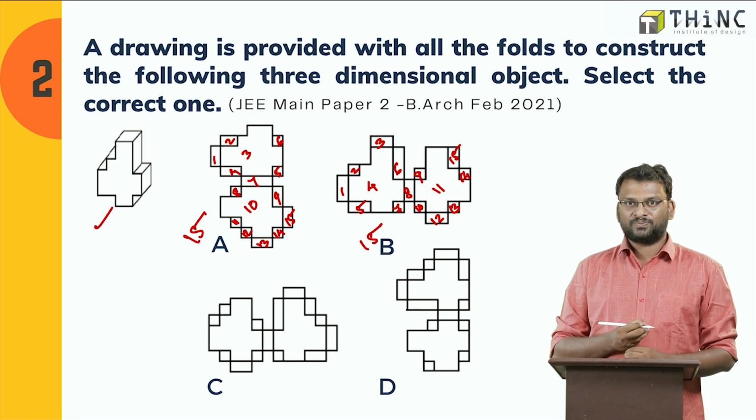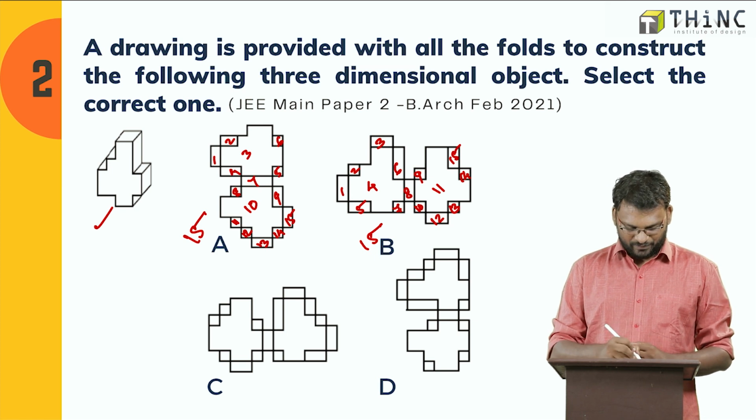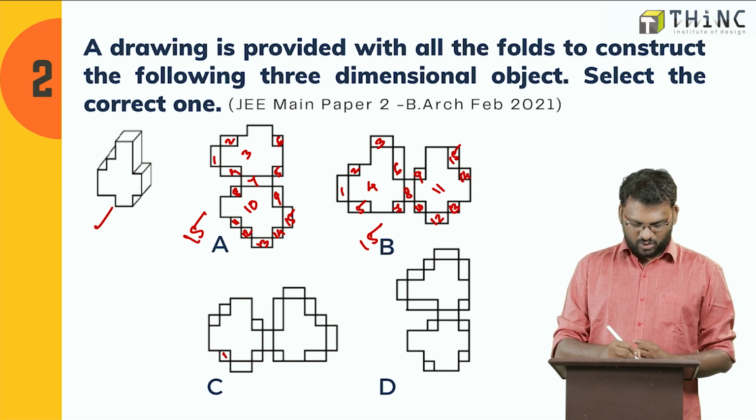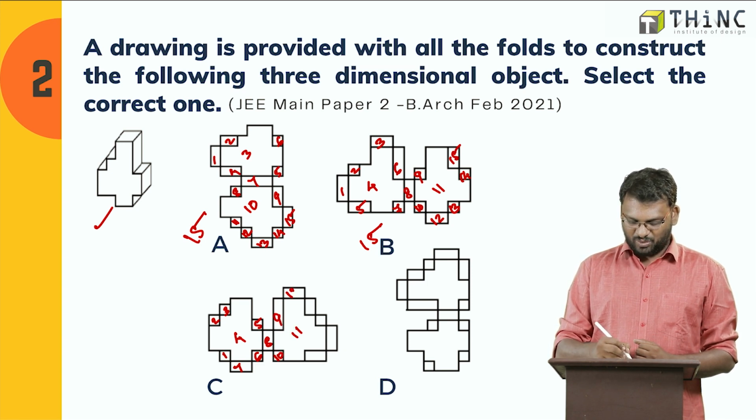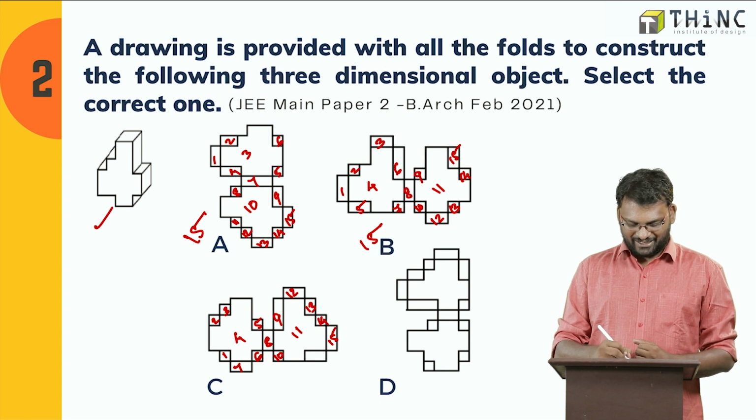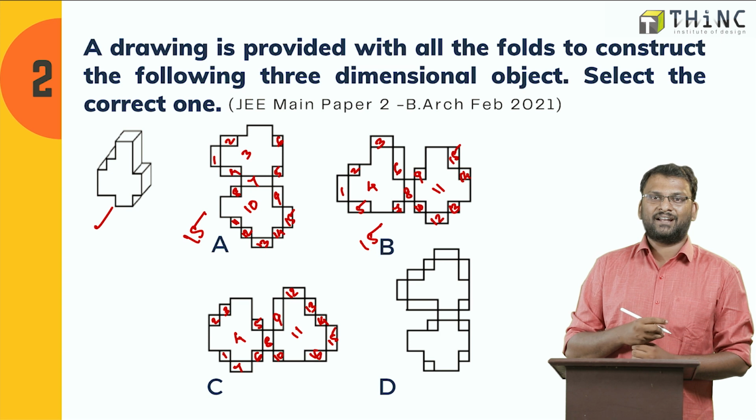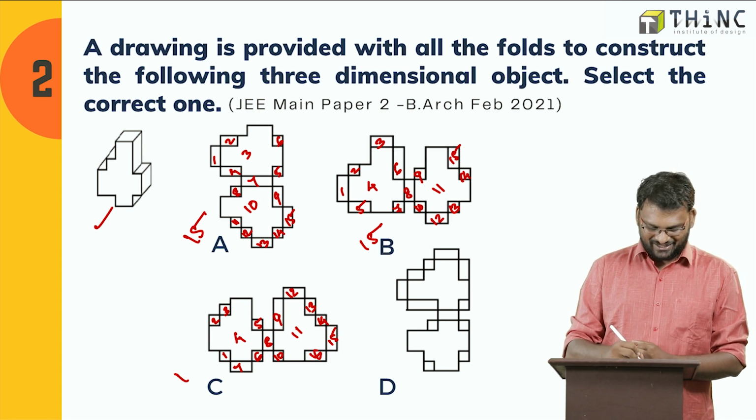Now we are going to observe options C and D. 1, 2, 3, 4, 5, 6, 7, 8, 9, 10, 11, 12, 13, 14, 15, 16. Here comes a different number, that is 16.